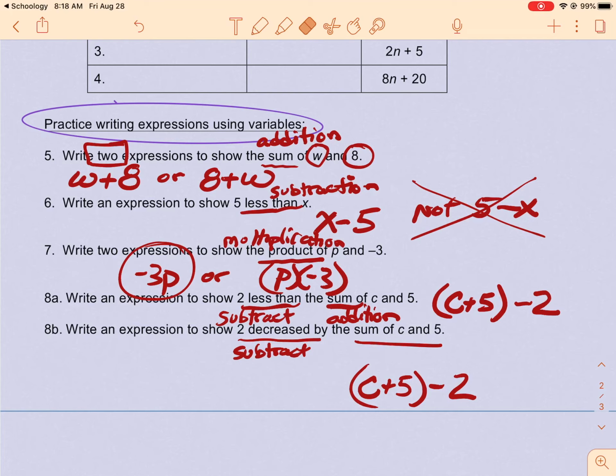So it's actually reversed. Tricky one. You're decreasing the number 2 by the sum of c plus 5. So that one little word right there makes a huge difference. So you could use this for practice anytime you're trying to review anything from 1-1, and hope it helped.